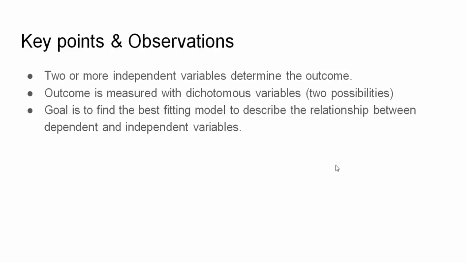Two or more independent variables determine the outcome. That states the predictors or the input variables. The outcome is measured with a dichotomous variable. Dichotomous means two values. The goal is to find the best fitting model to describe the relationship between the dependent and independent variables.